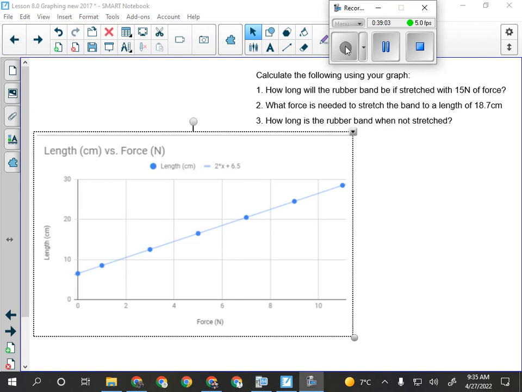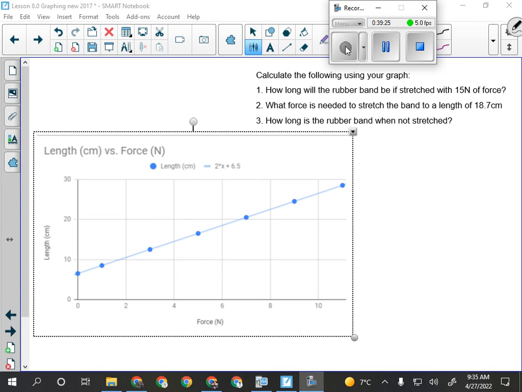So, first question is asking how long will the rubber band be if it's stretched with 15 newtons worth of force? So, am I being asked to calculate y or x? Y, yeah, because length is on the y-axis. Newtons, which is the units for force, is on the x-axis, and they gave me that value.